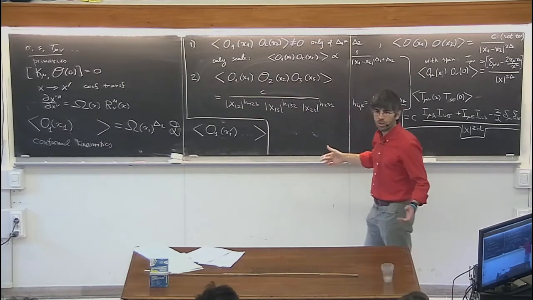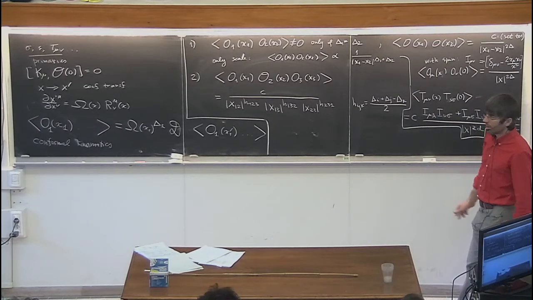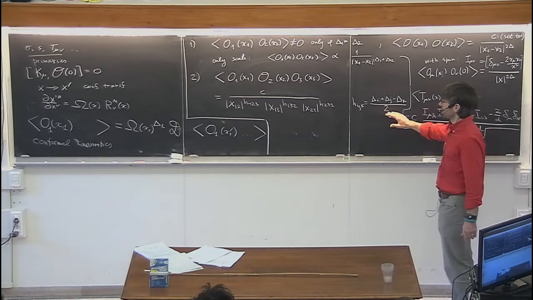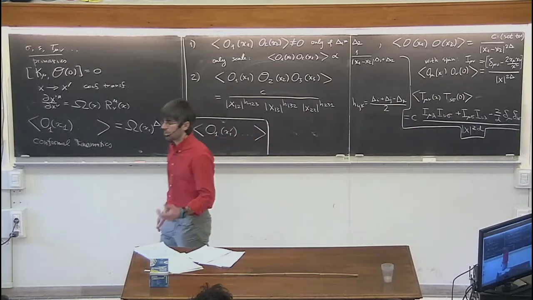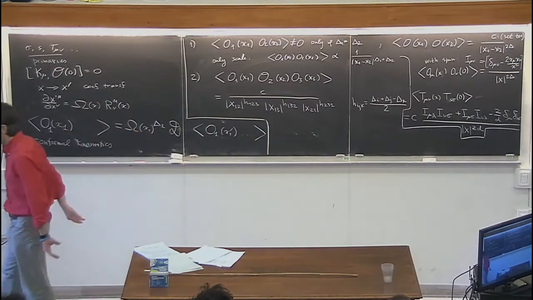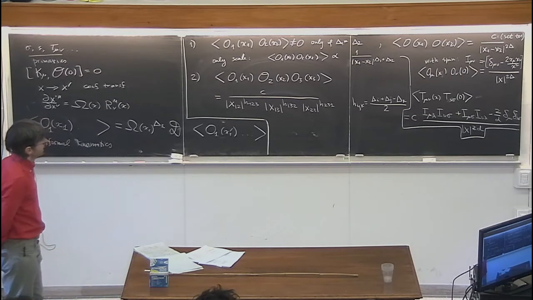And this equation would have infinitely many solutions. And yet, imposing conformal invariance, it turns out that from these infinitely many solutions, only one solution survives. Only one solution is consistent with conformal invariance. So that's the first remark.